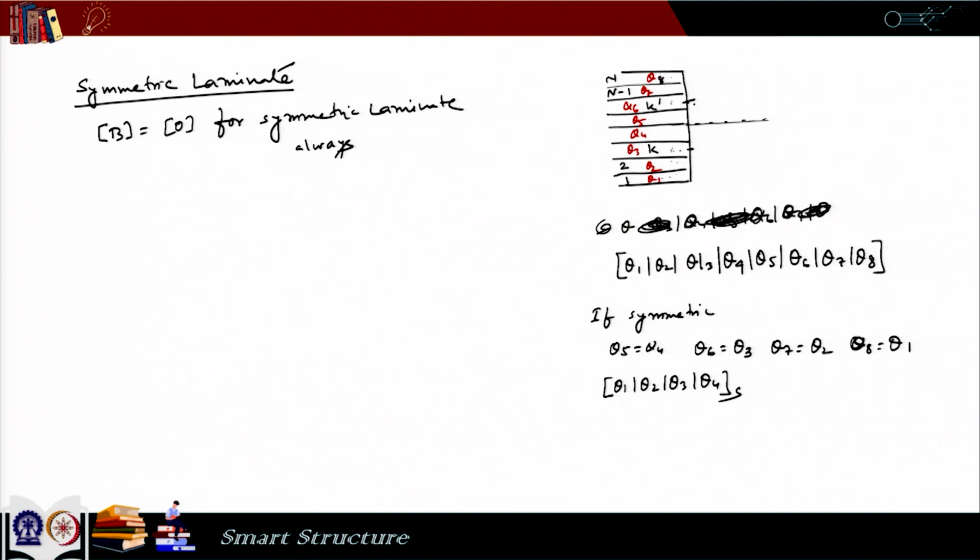So, if we add the contribution to the B matrix from this ply and the contribution from this ply, they are just opposite of each other and on being added they become 0. So, if we do it for all the plies, the entire B matrix comes to be 0. So, in a symmetric laminate there is no coupling between the in plane and the out of plane components.